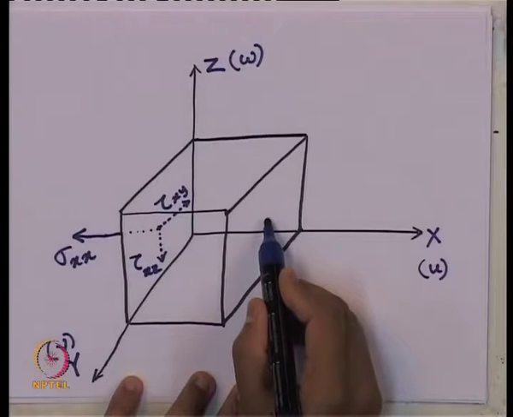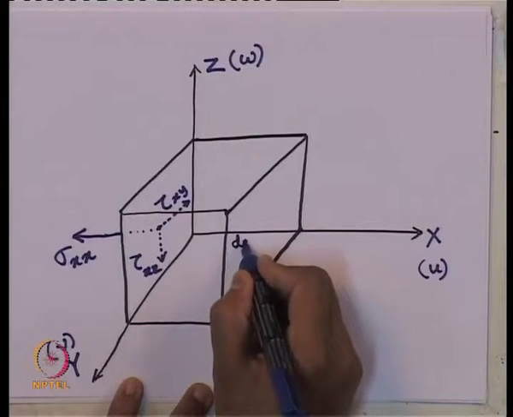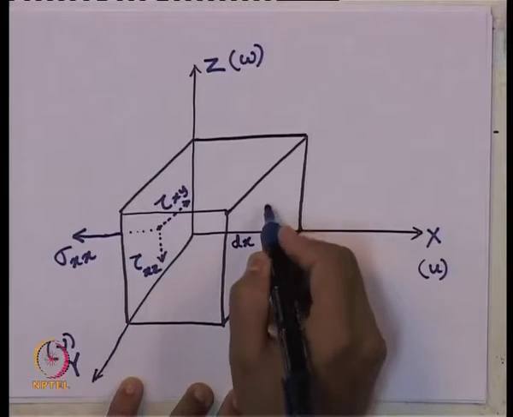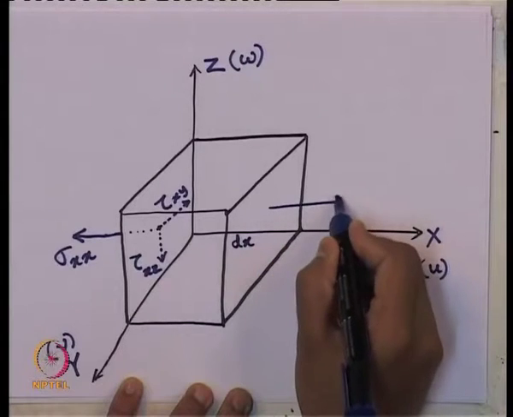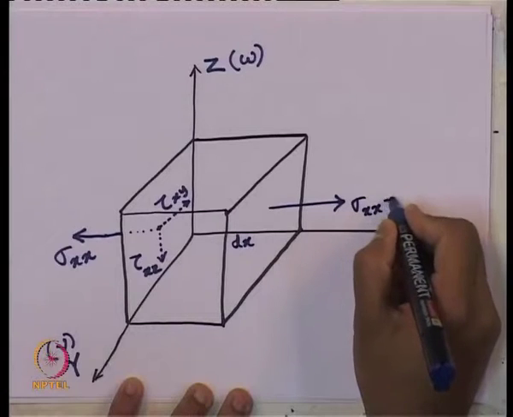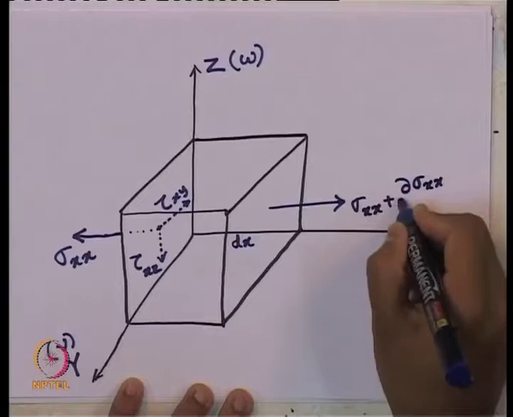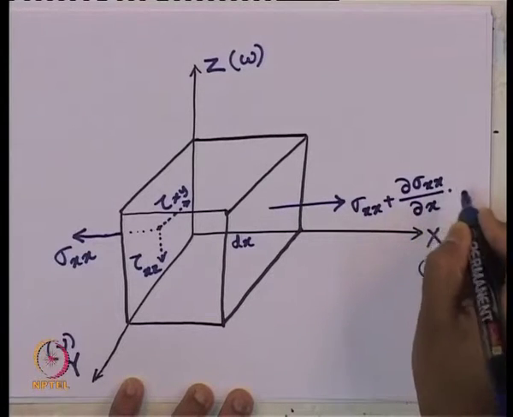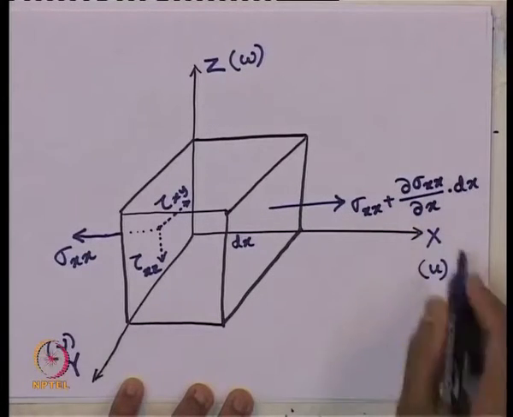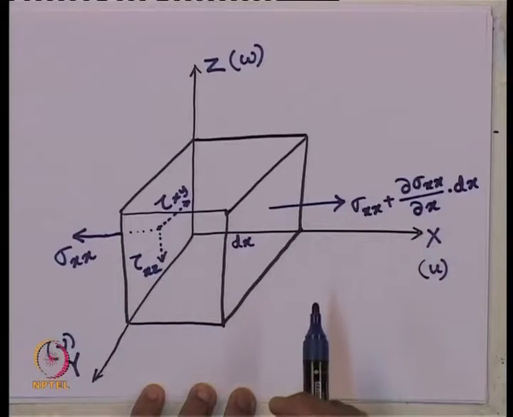What happens on this side of the element, that is when it has travelled by a distance dx in x direction? The normal stress is sigma x x plus del sigma x x by del x into dx, whatever the increment in stress has occurred on this face of the element.